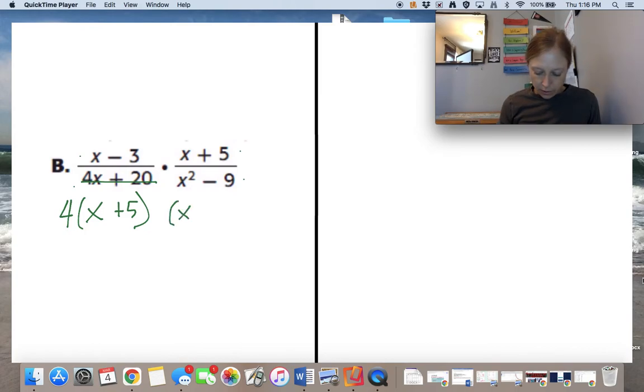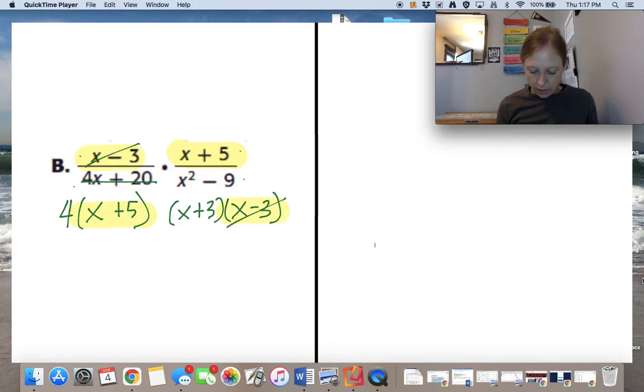That factors to x plus 3 times x minus 3. And now hopefully you're seeing things up, down, or diagonally that can cancel. Like this x plus 5 cancels with that one. This x minus 3 cancels with that one.